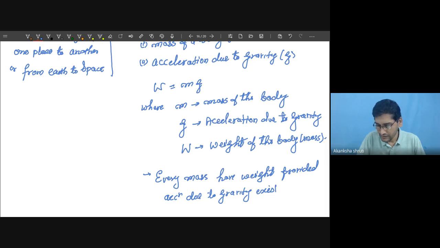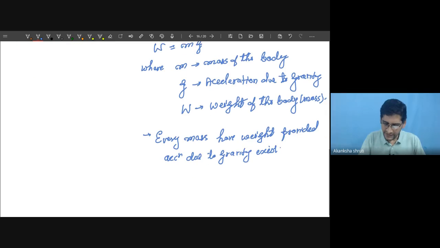So if there is acceleration due to gravity, then the body has weight. How is this? Because the weight is given by mass into acceleration due to gravity g.